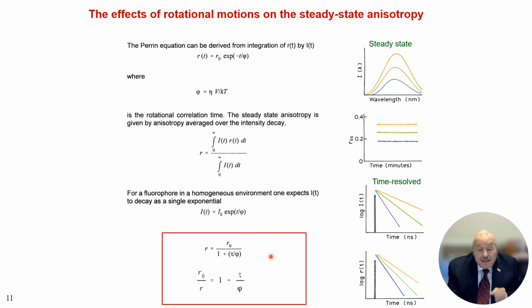I might have said that a little bit backwards because I was mixing up the two equations, and I apologize for that. But just in your mind, in this equation, think of what the ratio of the lifetime and the correlation time of the protein are, and that will tell you what the measured anisotropy is compared to the initial anisotropy.